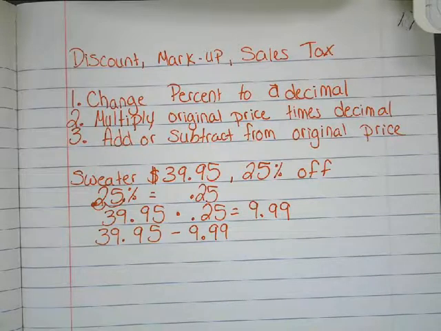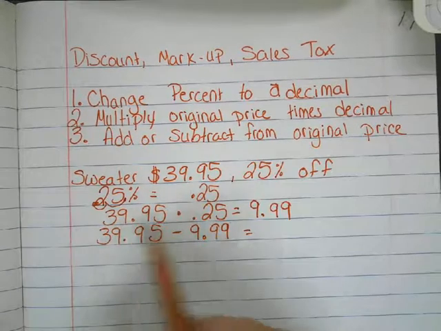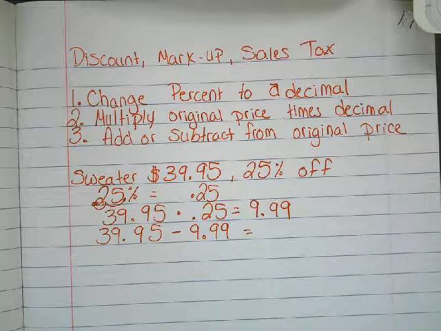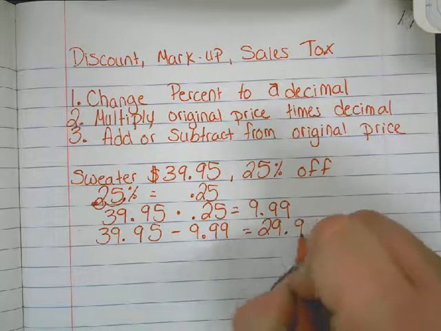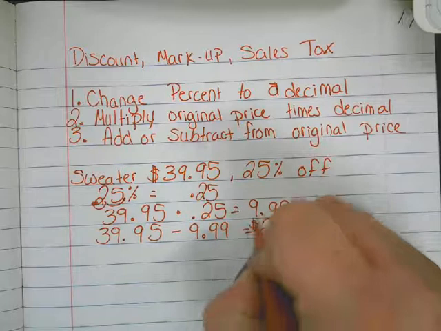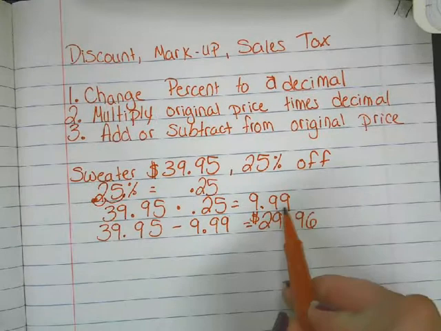What do you get when you do that? 29.96. So that sweater that was originally $39.95 at 25% off, I'm now paying $29.96.